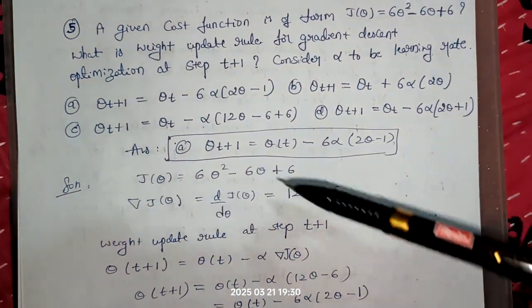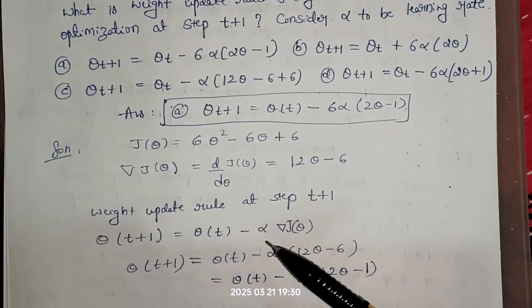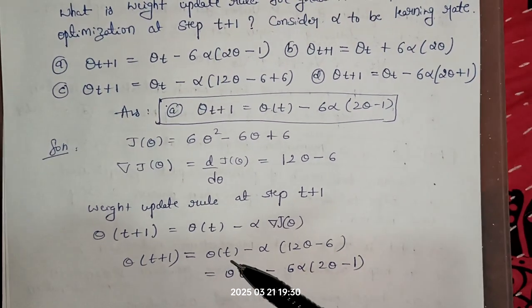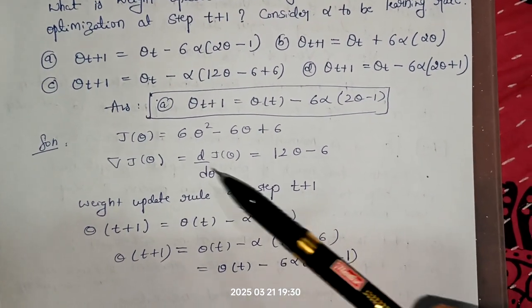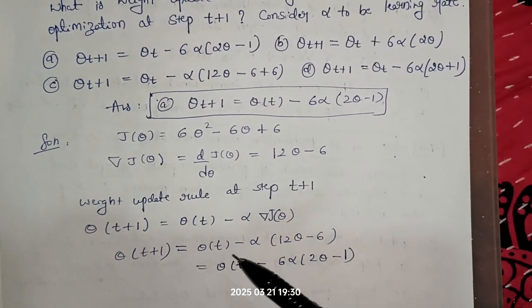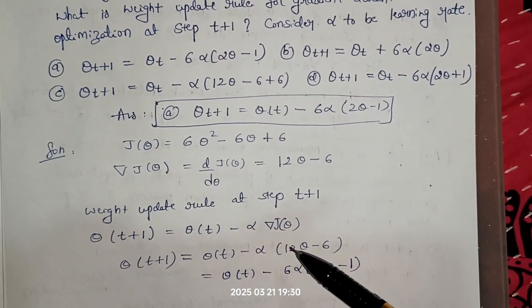Let's see. The weight update rule for t plus 1 is theta of t plus 1 equals theta of t minus alpha into del of J of theta. So it is theta t minus alpha times 12 theta minus 6. This format is not given here, so take 12 as 6 into 2.